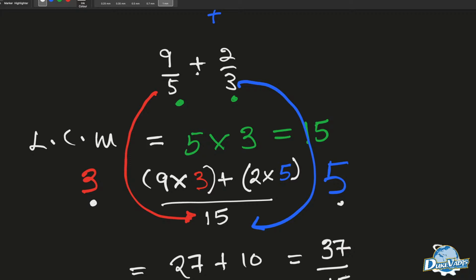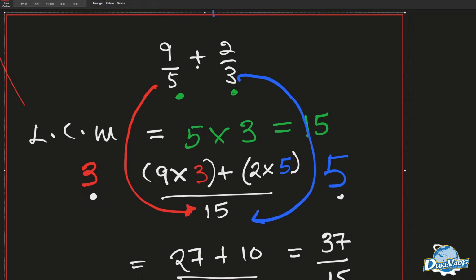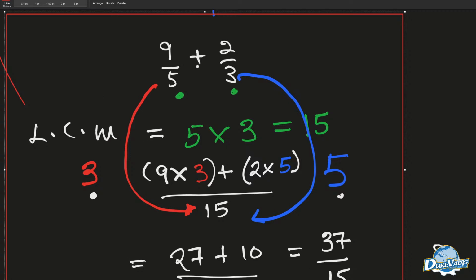Friends, we came out of the property of indices, and our attention was totally on fractions. So we are able to compute our fraction nicely and in a logical way. All of this we've done so far was with reference to fractions, and our answer is 37 over 15.